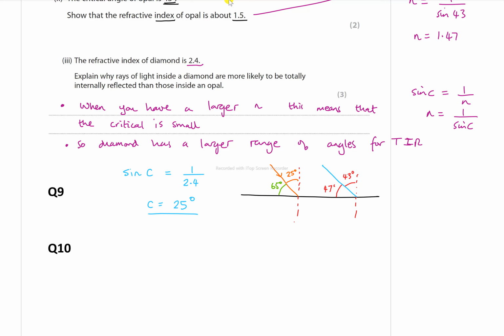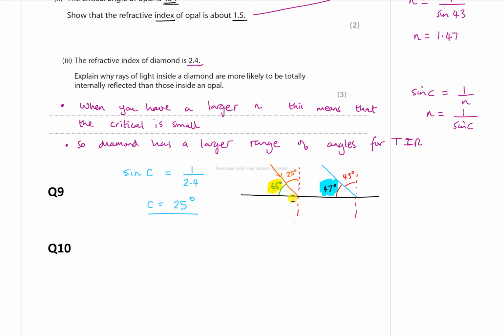If you look at this number, you've got a bigger range of angles where total internal reflection occurs, so it's going to bounce around more internally and look better.